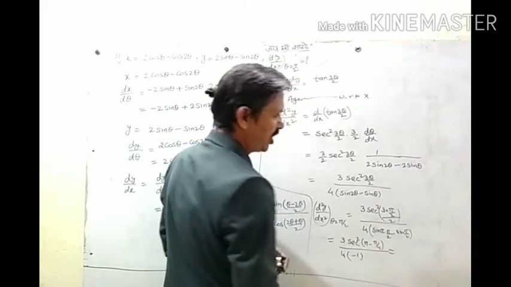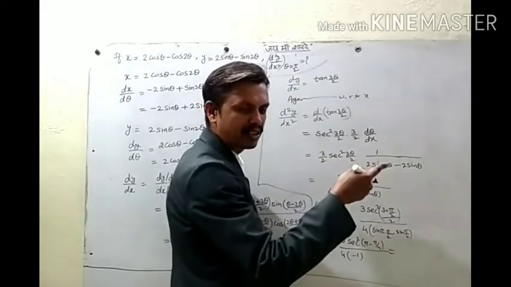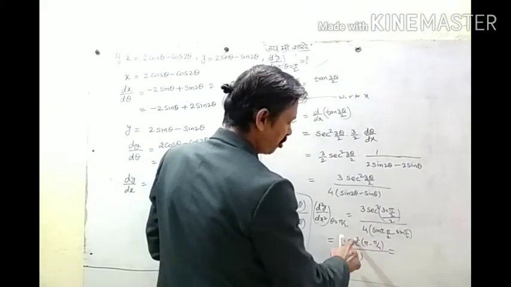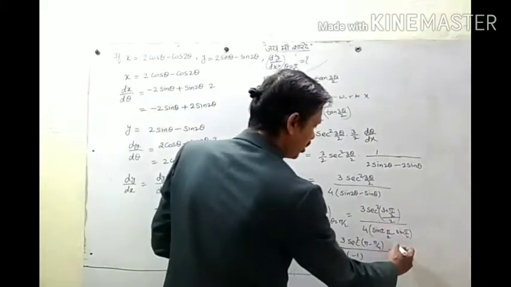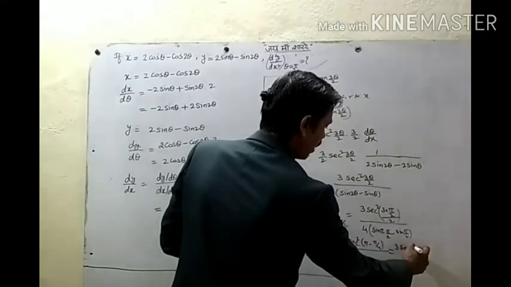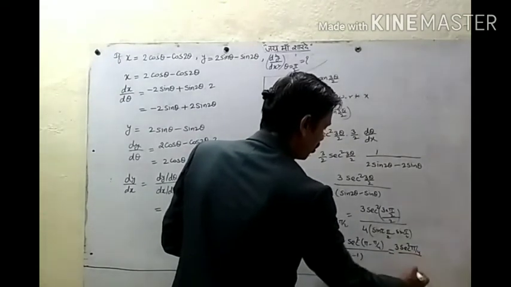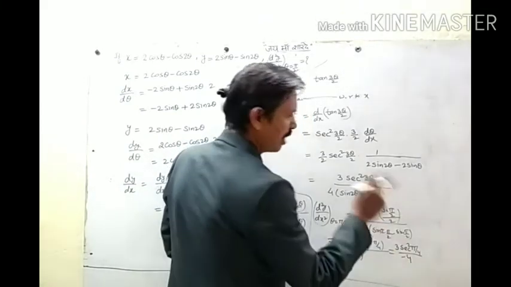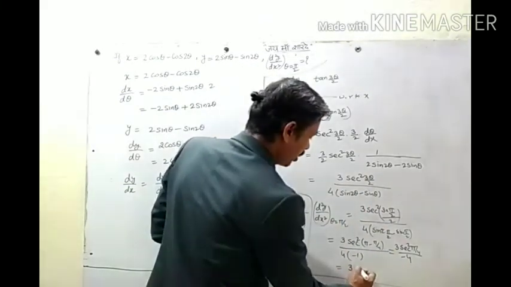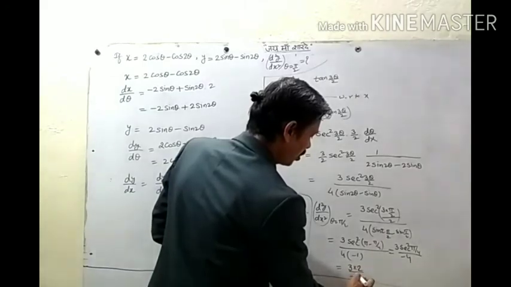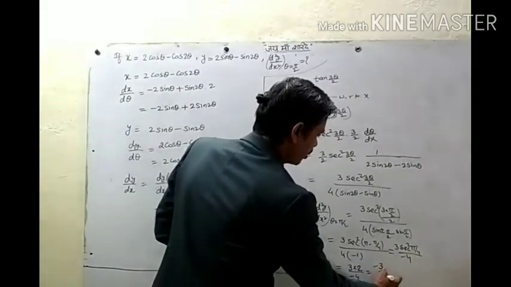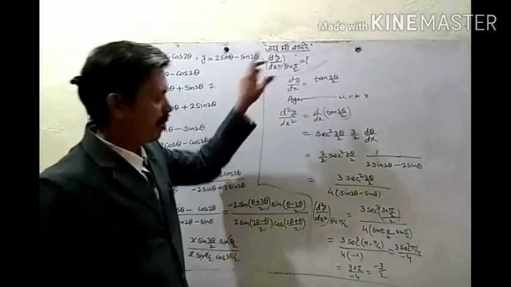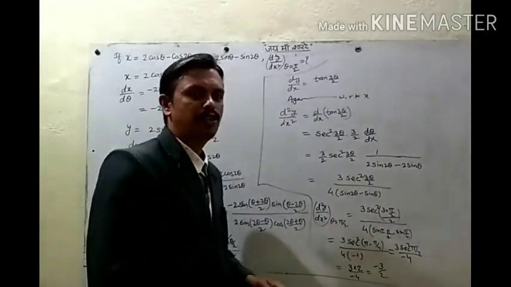Sec of pi minus theta is in the second quadrant where sec is negative, but the square is there, so the value will be positive only. So it becomes 3 sec square pi by 4 upon minus 4. The value of sec pi by 4 is root 2, so its square is 2, upon minus 4. So we get minus 3 by 2. The value of d2y by dx square at theta equal to pi by 2 is minus 3 by 2.